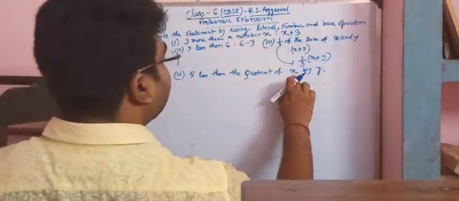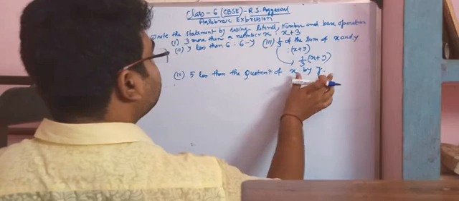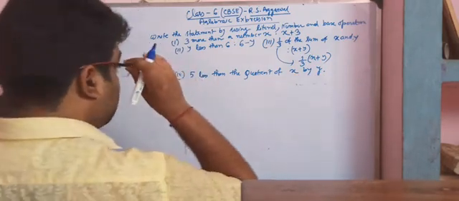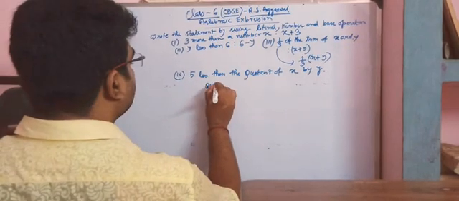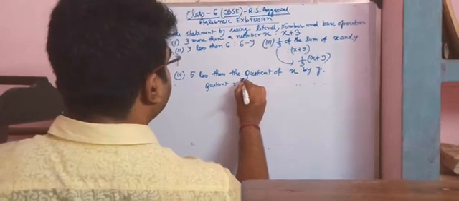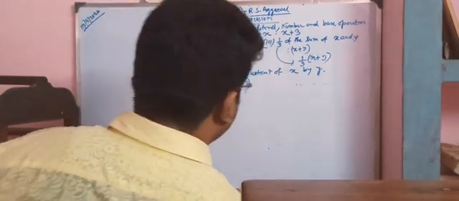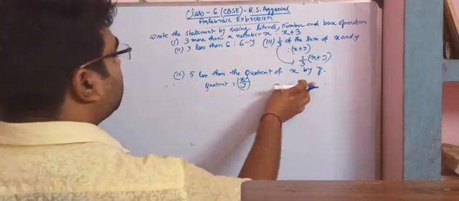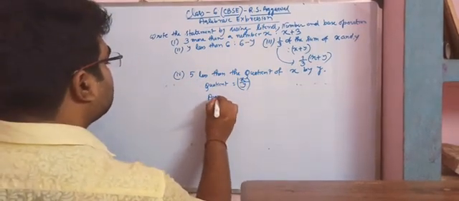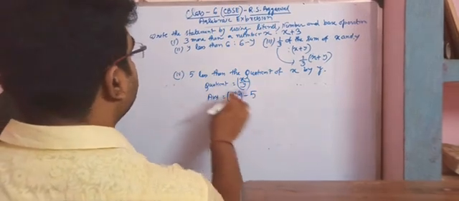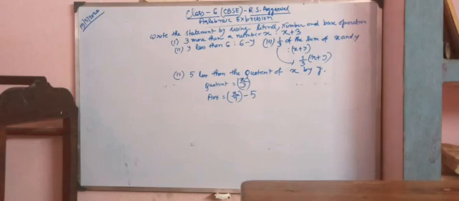If we divide x by y, x by y means divide x by this variable. So the quotient should be x by y. This is my required quotient. Now the statement is 5 less than the quotient of x by y. So my answer should be x by y minus 5, because 5 is less than the quotient. Quotient minus 5.